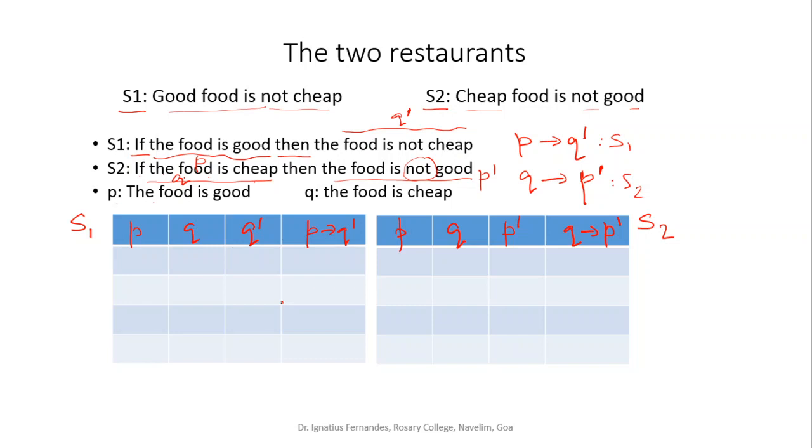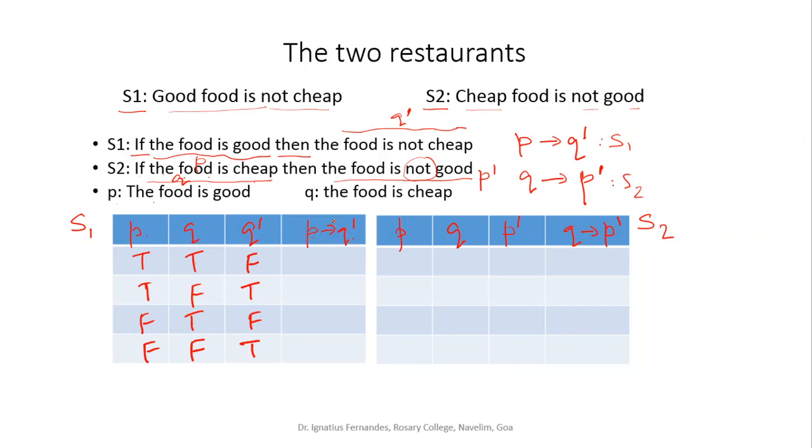Okay, so now you have to recollect the truth tables, those 5 truth tables, especially the truth values for the conditional connective. Now P and Q can take the values T, T, T, F, F, T, and F, F. I write Q bar. Q bar is the negation of Q. So for T it is F, for F it is T, for T it is F, and for F it is T. Now I have P here and Q bar here.